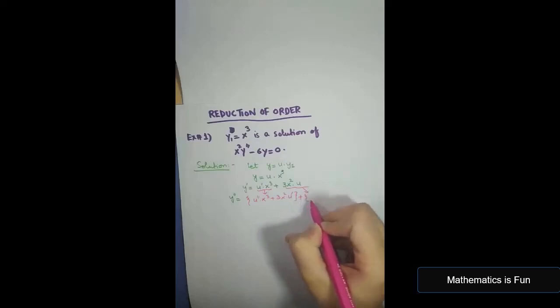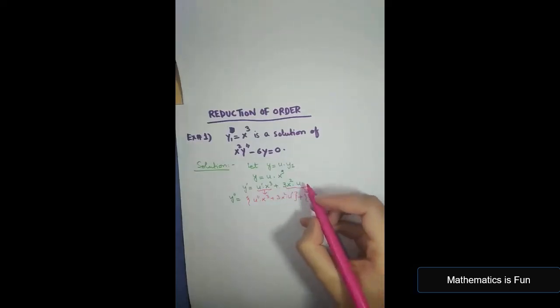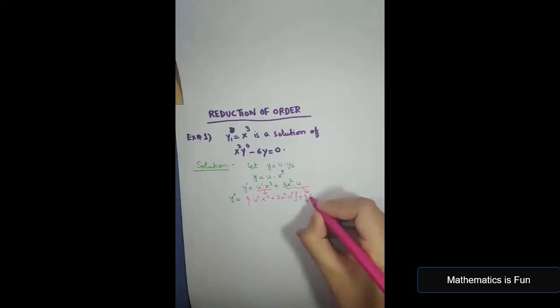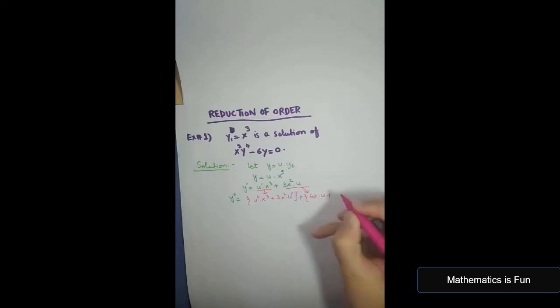Second product rule: first derivative is 6x times u plus the first as it is and u dash.